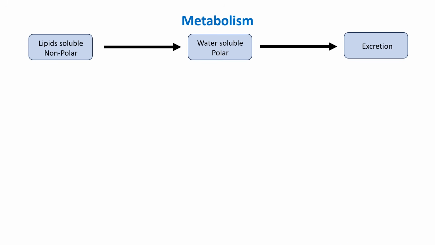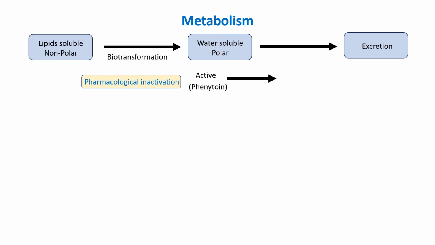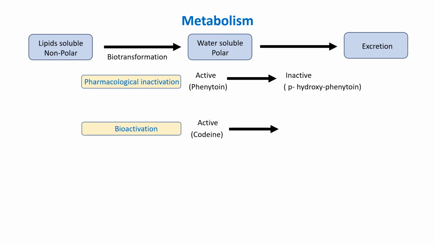Specifically, during metabolism, there is an enzymatic conversion of a drug from one chemical form to another in a process called biotransformation. Biotransformation has several possible outcomes. It can cause pharmacological inactivation, where an active drug is converted into inactive or less active metabolites. Biotransformation can also lead to bioactivation, where an active drug is converted into more active metabolites.